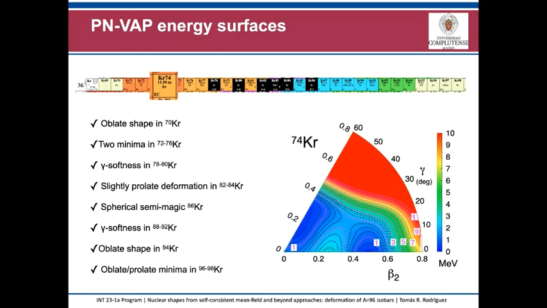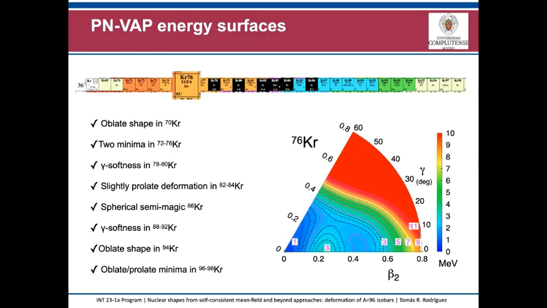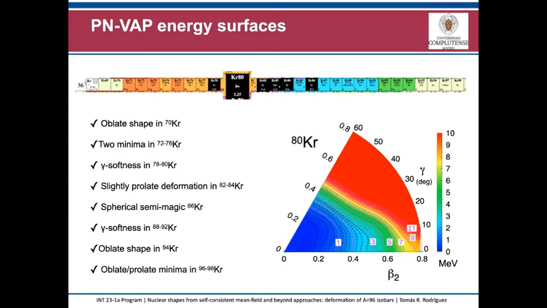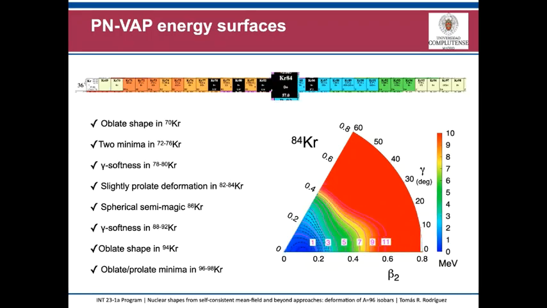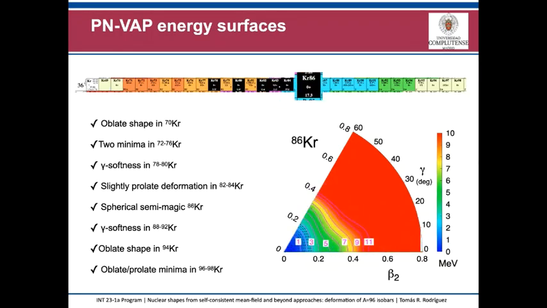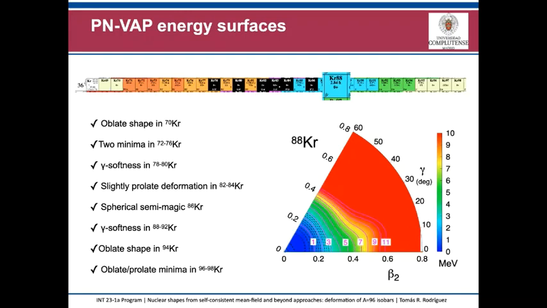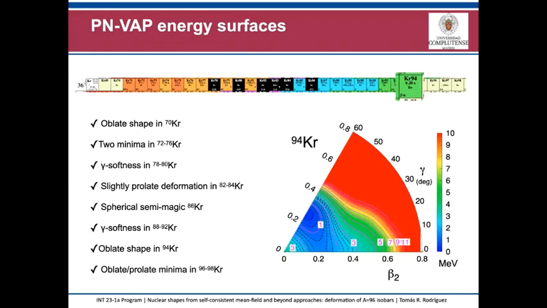Then krypton 74, you also have coexisting minima here. You can find several minima in the energy surface. Then you reach the N equal 50 shell closure, and you have the spherical minimum, and then you have this evolution.